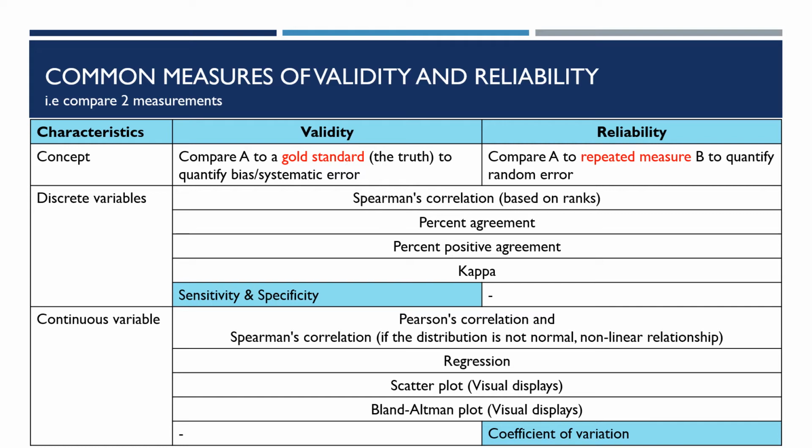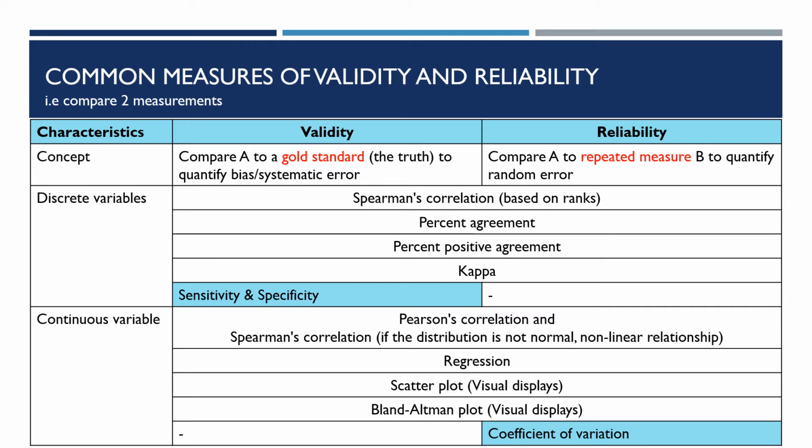So for discrete variables, we can use Spearman correlation, percent agreement, percent positive agreement, and kappa statistic to assess validity and reliability of these techniques. Only in a validity study can we calculate the sensitivity and specificity of the measurement.